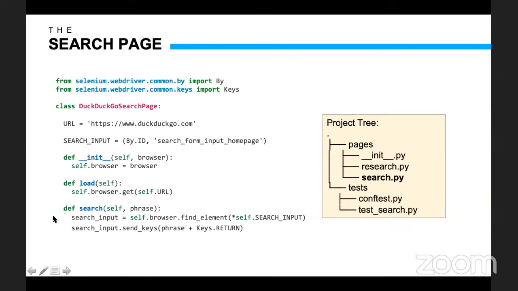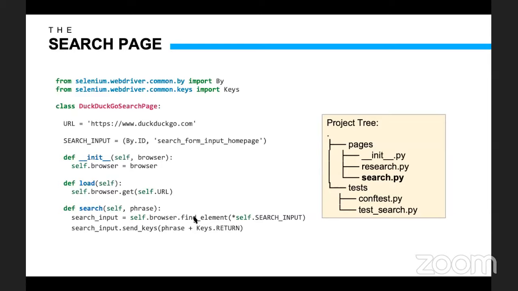Fairly simple. The search method is a bit more interesting because this shows how to use the locator. For my search method, I want to be able to search for any phrase, whether it's pandas or Python or platypus, whatever. The first thing I need to do when I search is get the search input element, that search bar where the user types stuff in. To do that, I'm going to use the self.browser.findElement method. And the findElement method takes two arguments.